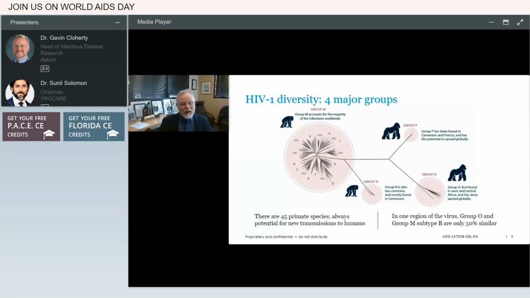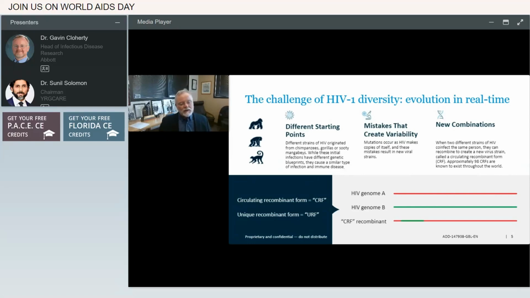So we have to be cognizant of these starting points, these potential introductions of HIV into the human population from primates, but also how the virus then evolves in humans once it gets into the population is equally important.